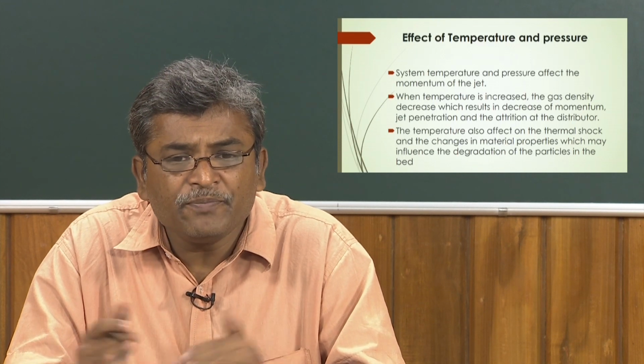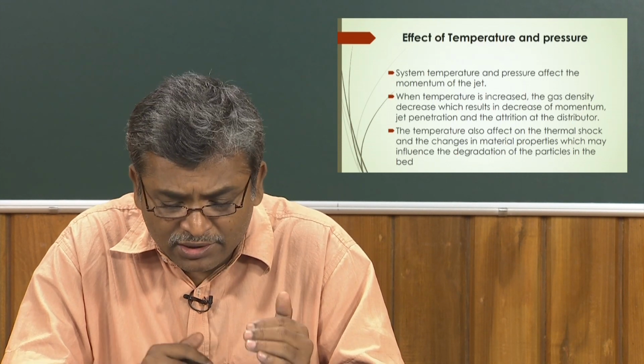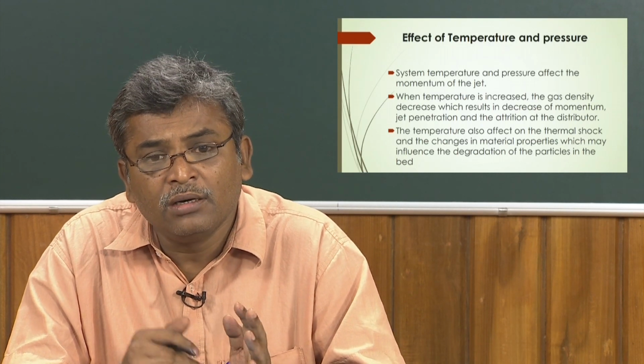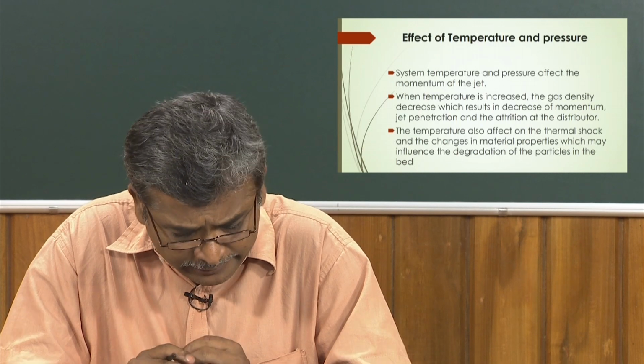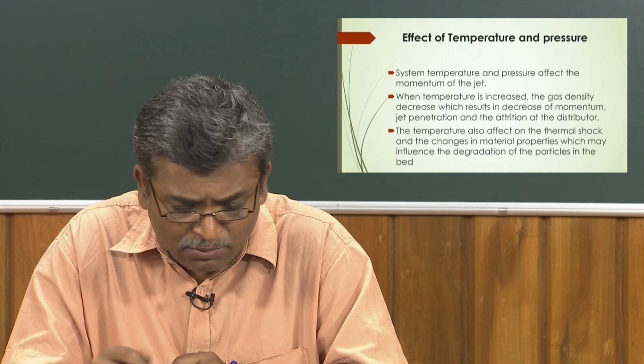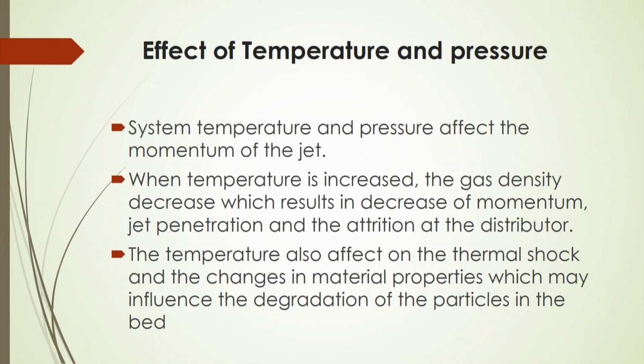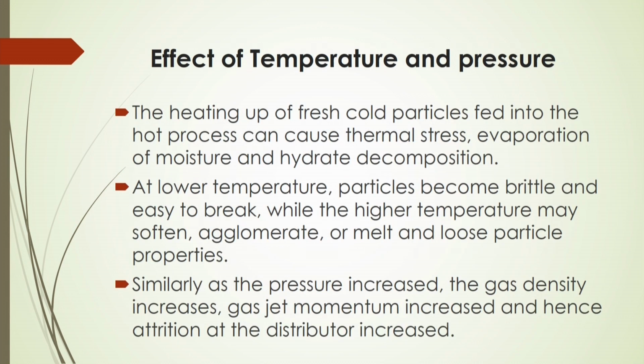So, there is a contradictory situation, but you have to consider what the effective attrition rate is. The temperature also affects thermal shock, as I told, and changes in material properties which may influence the degradation of the particles in the bed, and that is why the attrition rate will change.